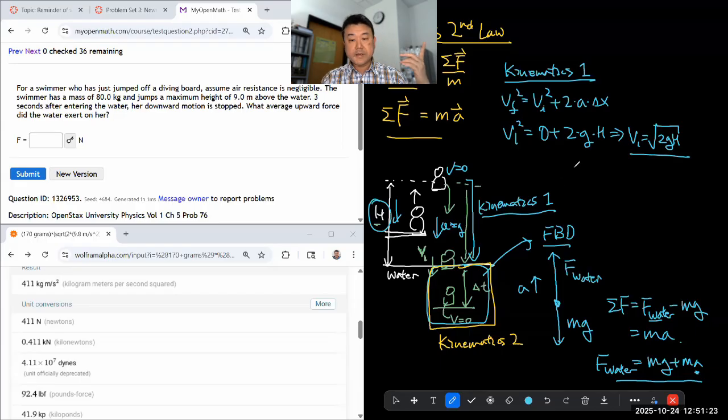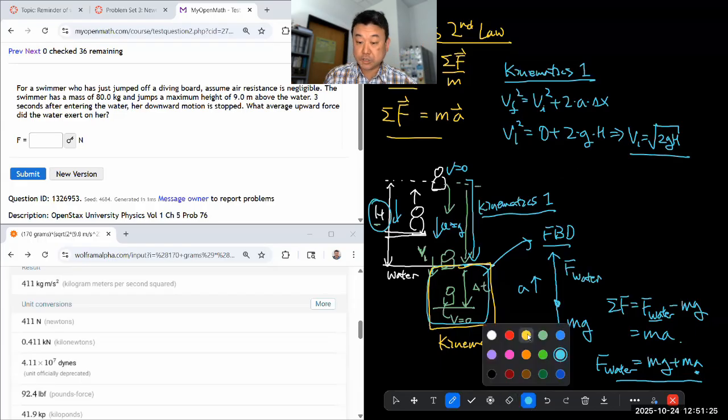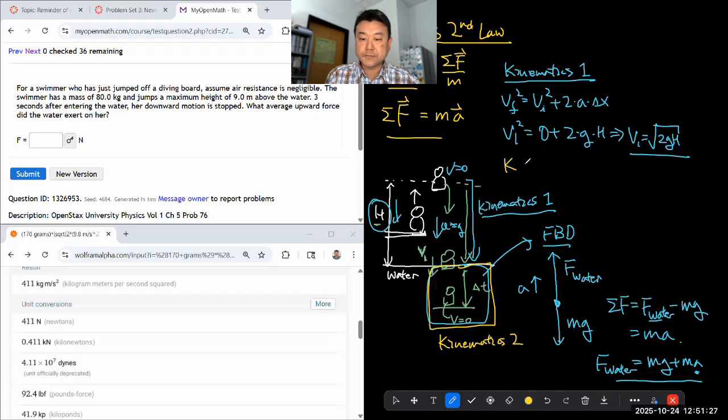Good, simple. Now I need to work out kinematics 2 because I need the acceleration. For this acceleration, I'm using the same equation as in a similar question before. We are given the duration of time. We are not given any distance, but we know the change of velocity.